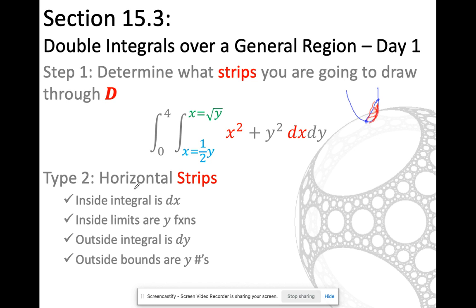Type 2 with horizontal strips. Horizontal strips means your inside integral is dy. The inside limits are y functions. So do you see what I did here? I had to take y is equal to x squared and y is equal to 2x and get each one of them in terms of y, right? Because I'm going to integrate dx, which means I'm going to treat y squared like a constant.